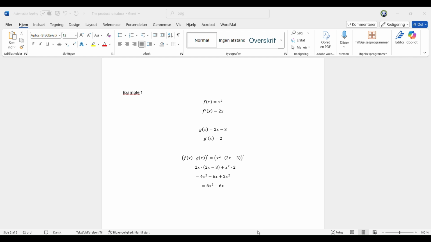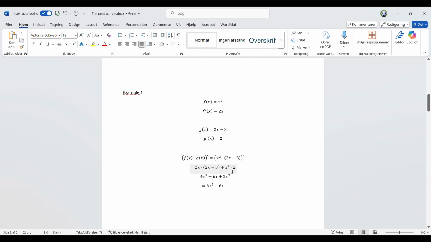So we find the first order derivative, that's 2x, of x squared. Then we multiply it by this function over here, where we have done nothing, just multiplying it. And then we say plus the first one, just as it is, times the first order derivative of the second one.